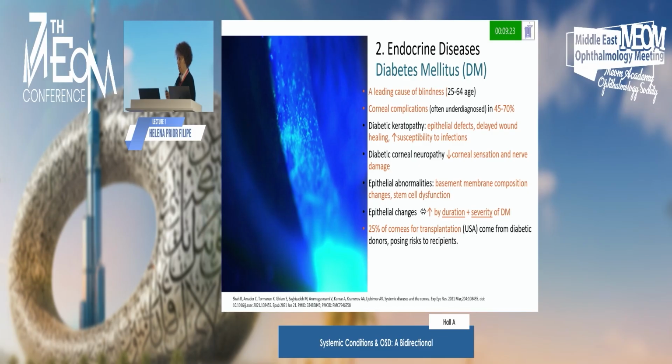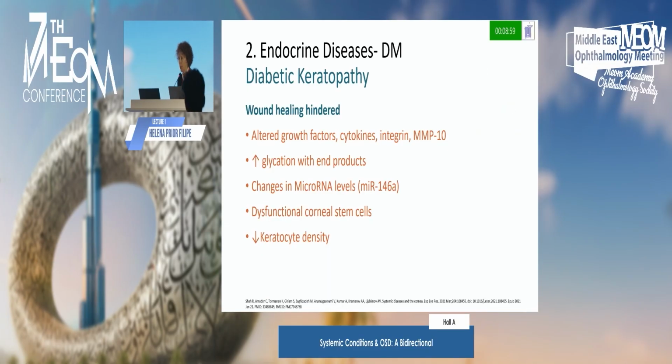We can see this correlation, and this also brings a problem. For instance, in the United States of America, 25% of the corneas for transplantation come from diabetic donors, and we know that these corneas have alterations, as we start to describe right now.